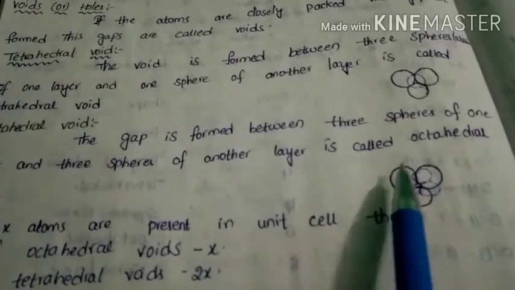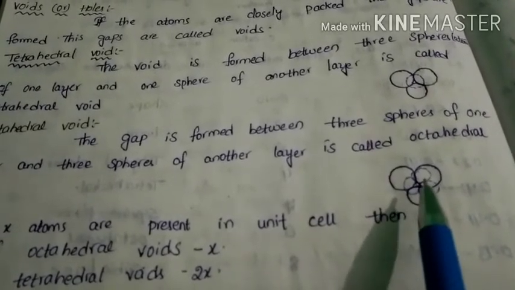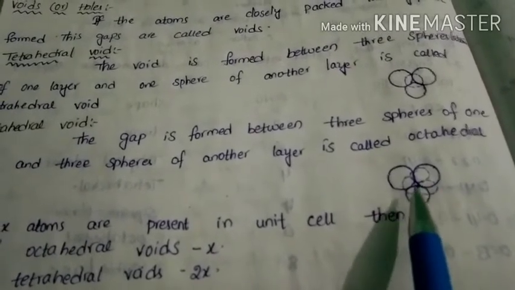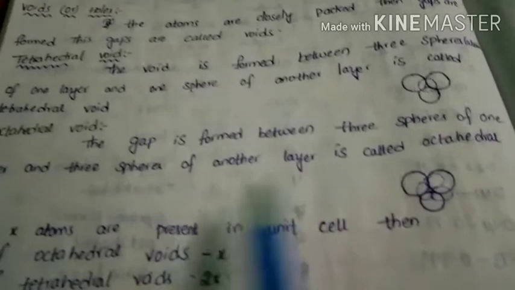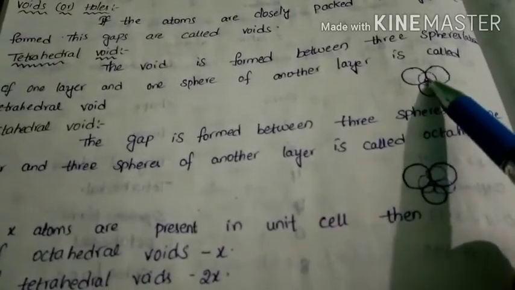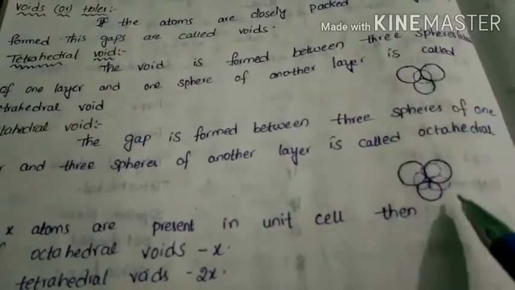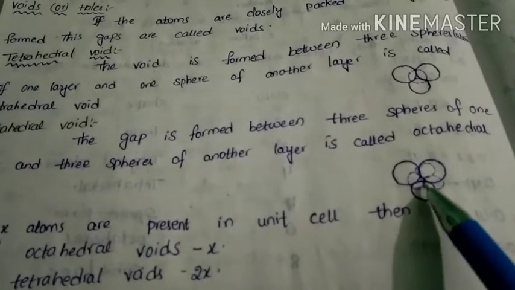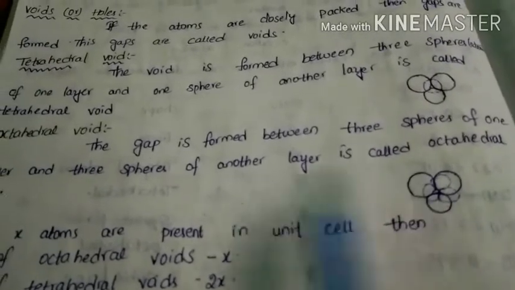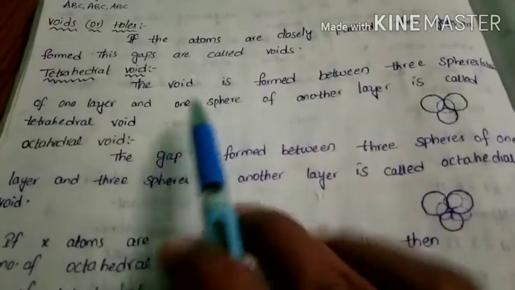In the below layer or above layer, again we have to take three spheres, then between them also one gap is present. That gap is called an octahedral void. Here the gap is formed between three spheres of one layer and one sphere of another layer, and here the gap is formed between three spheres of one layer and three spheres of another layer. That is called an octahedral void. So these are the definitions for tetrahedral void and octahedral void.